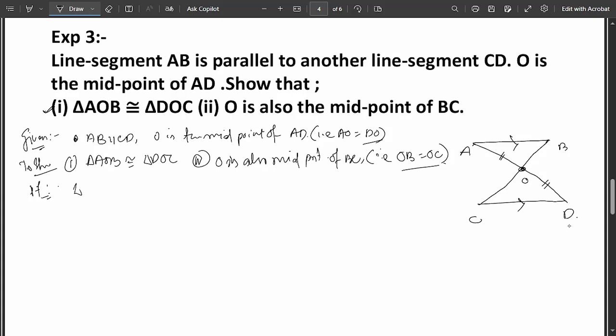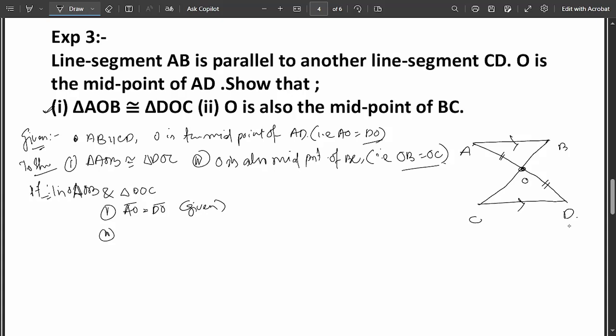Now in triangle AOB and triangle DOC, first, AO equals DO, that is given.